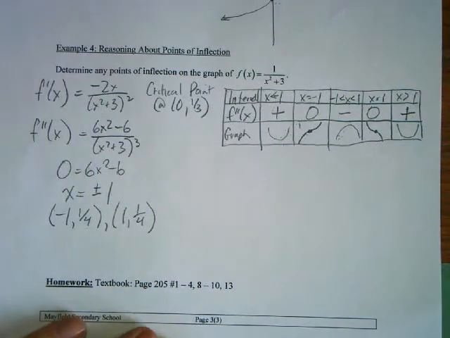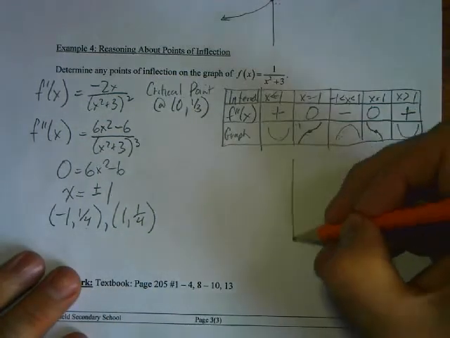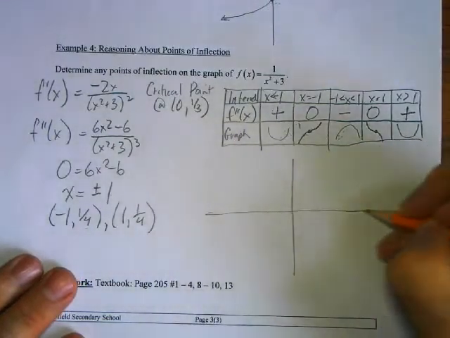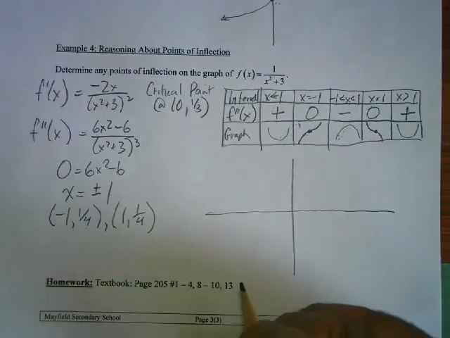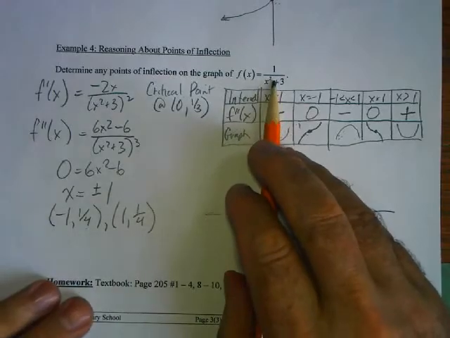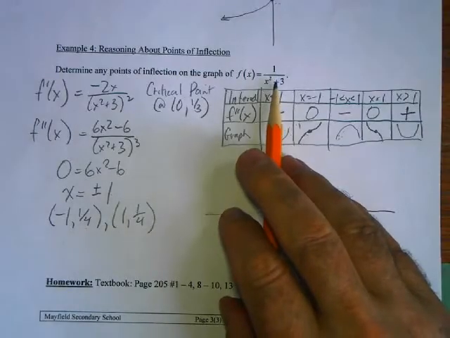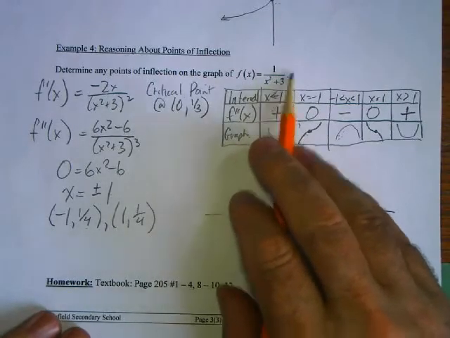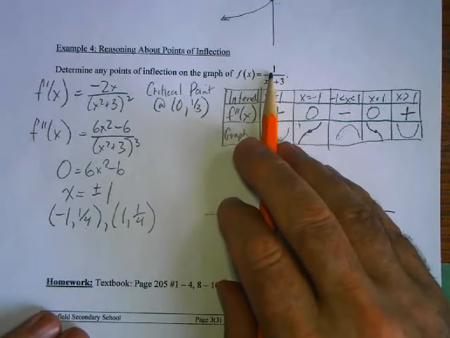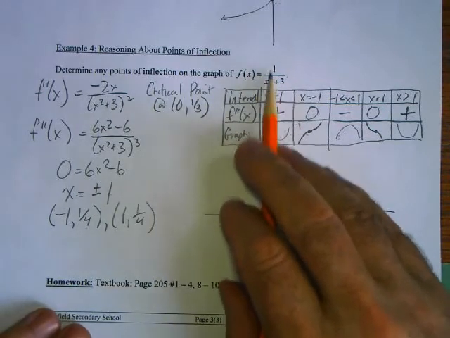So now when we do our sketch, this is a strange looking graph. It actually doesn't have any points of discontinuity because there's no value of x that will make this undefined. So unlike most rational functions, you don't have to worry about that.